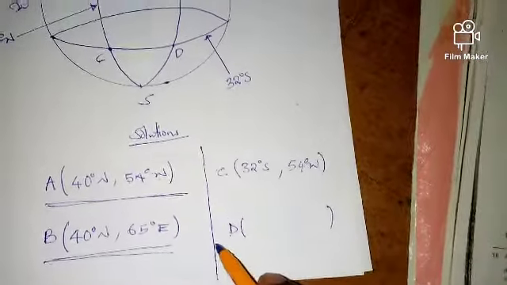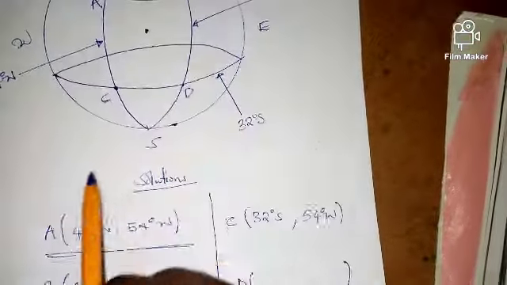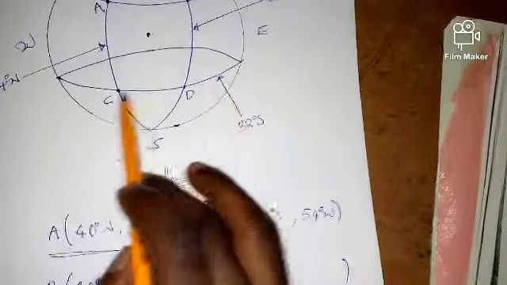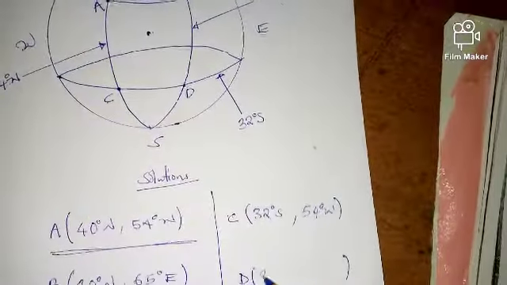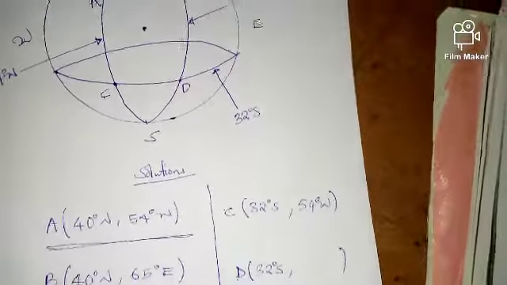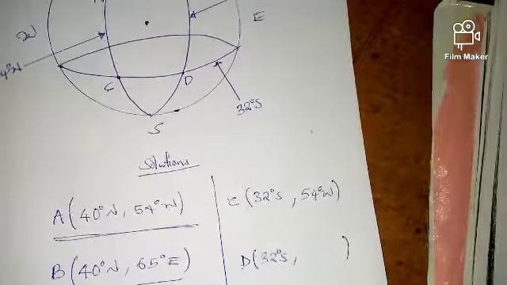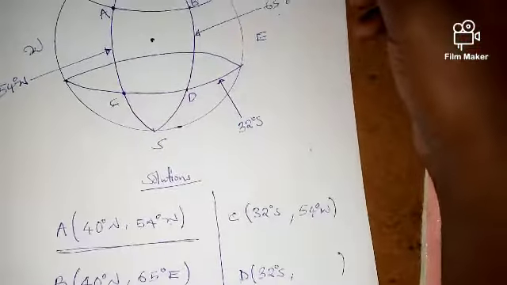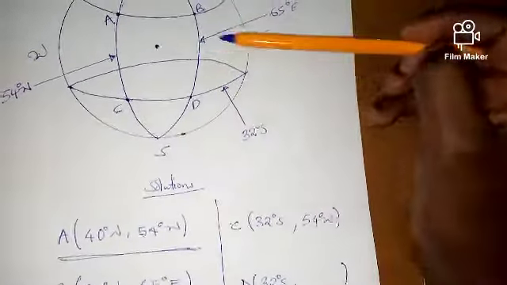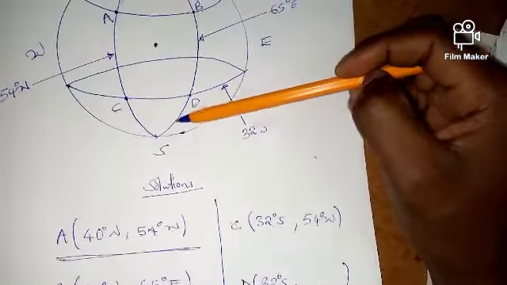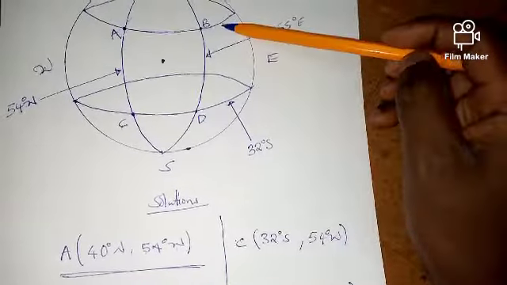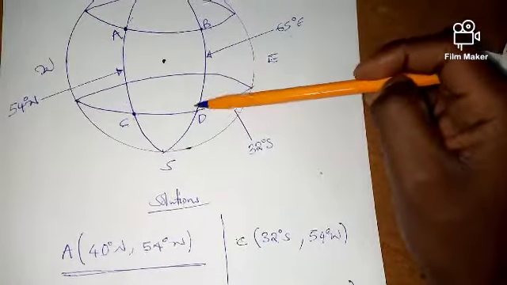Let's quickly do town D. Town D is right here, and you can see that point C and point D are lying on the same latitude. That means the latitude won't change here as well. It will be 32 degrees south. Then I'll say comma. Then I identify where point D is lying in respect of longitudes. You can also see that point B and point D are sharing the same longitude.